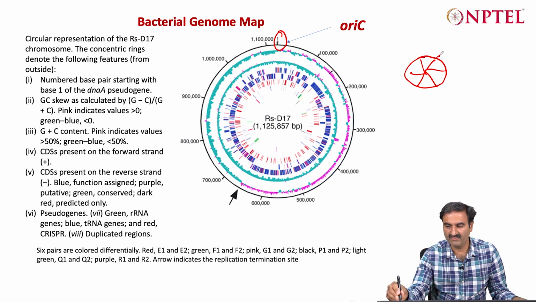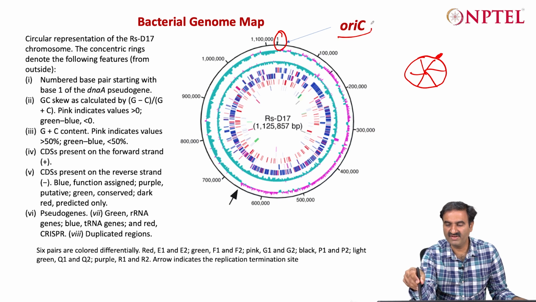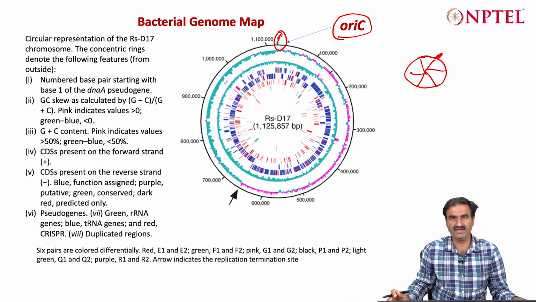For that there is a gene called dnaA, located at the origin of replication, oriC, which codes for the chromosomal initiator protein. That is labeled as the first gene, and then all the information is arranged according to that gene in the circle.